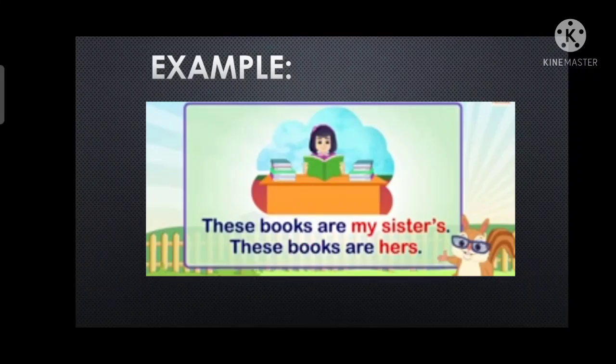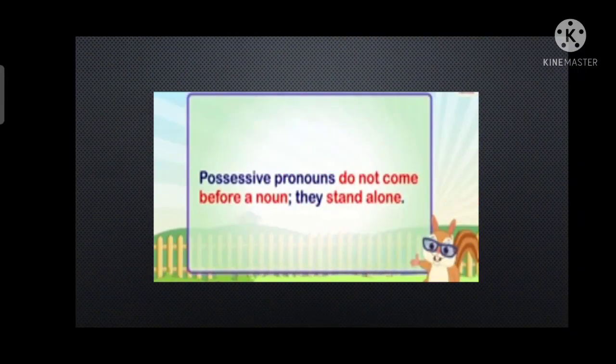My sister's is used as a possessive noun, and in place of the possessive noun the statement is: these books are hers. So hers is a possessive pronoun. Possessive pronouns do not come before a noun. They stand alone. But possessive nouns always come before the noun.